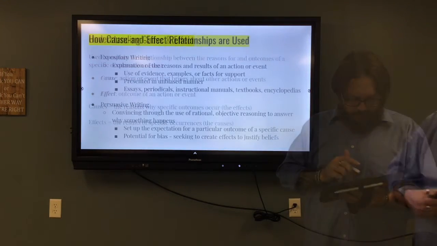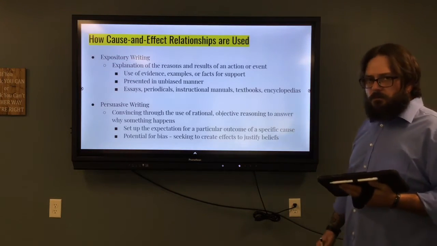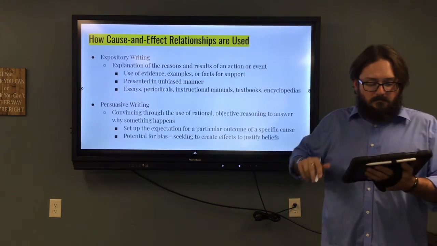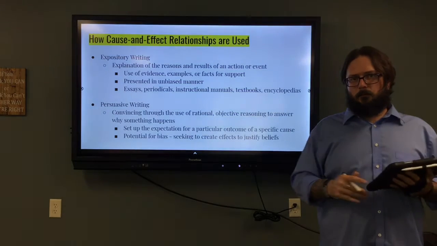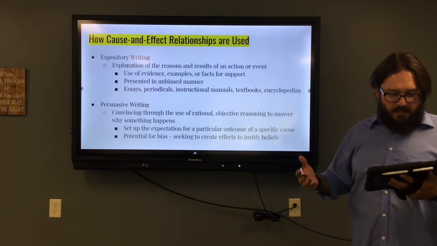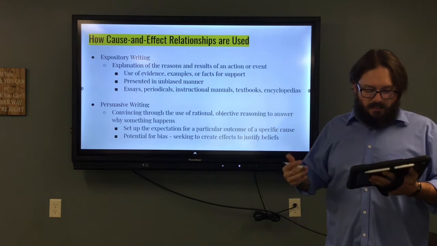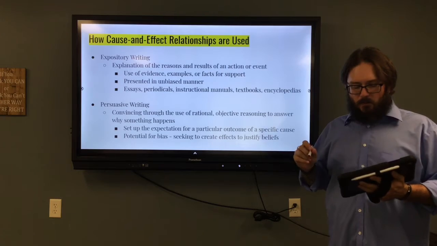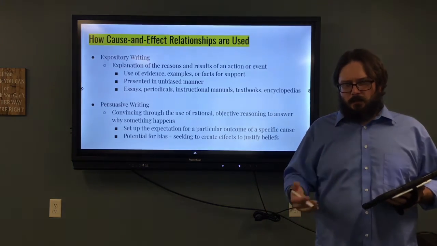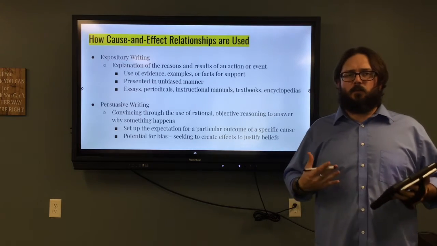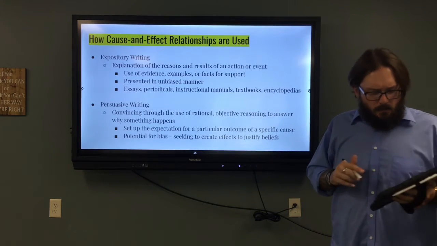Authors will use cause and effect relationships when they are using expository writing. In this case, they are explaining the reasons and the results of an action or event. To do this, they're going to use evidence or examples or facts of some sort to support what they are saying.